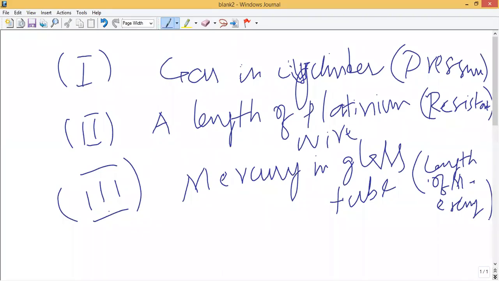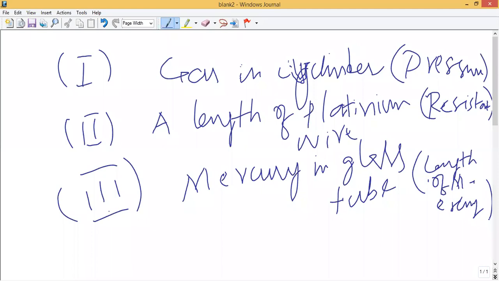So these are the main three types, and we also said that their thermometric properties vary monotonically, meaning they change uniformly with temperature.